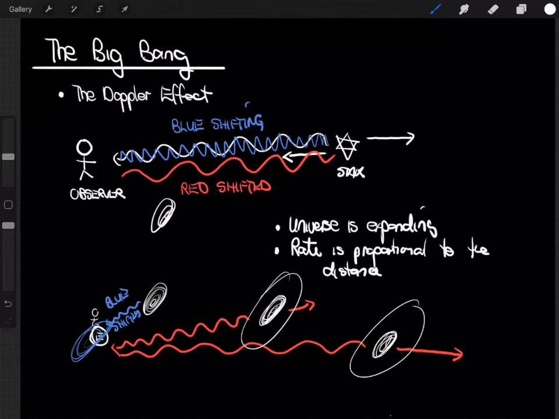Hubble then realized that if you run backwards in time, if everything is expanding, then it must have come from some central point, and the term we use for when the universe came into existence and started expanding is the Big Bang. That was the moment. It wasn't an explosion.